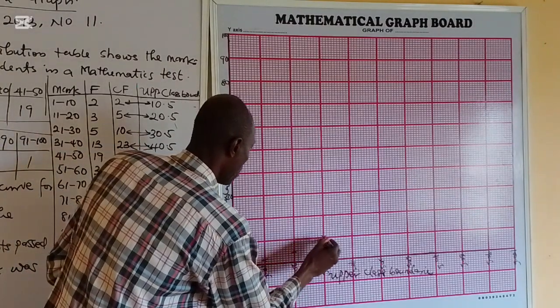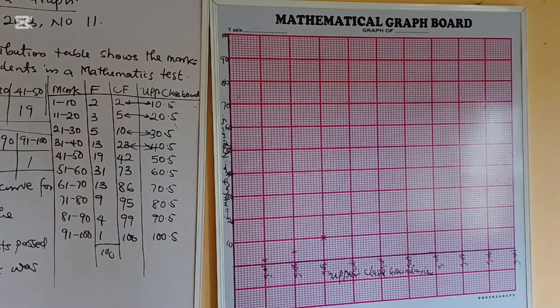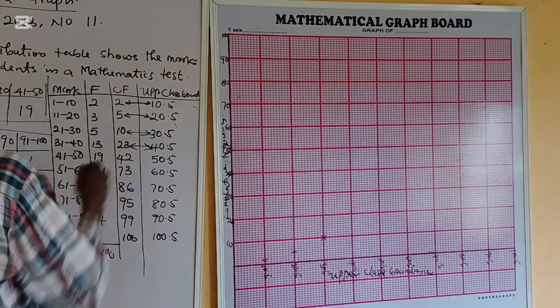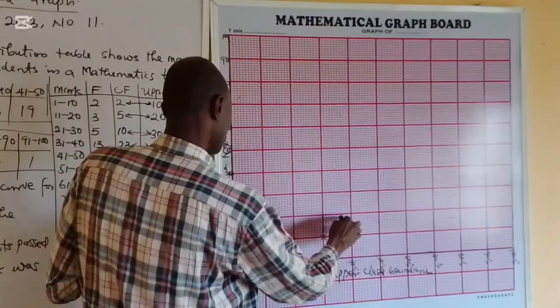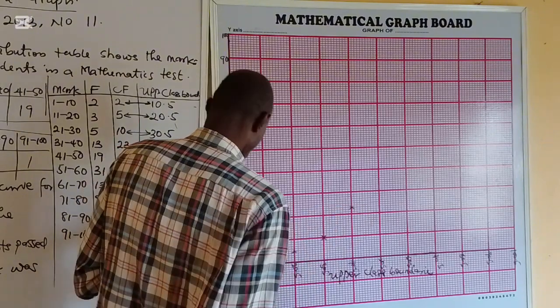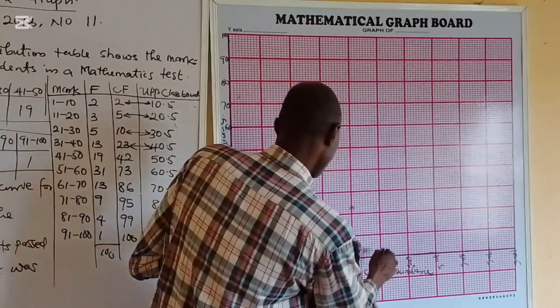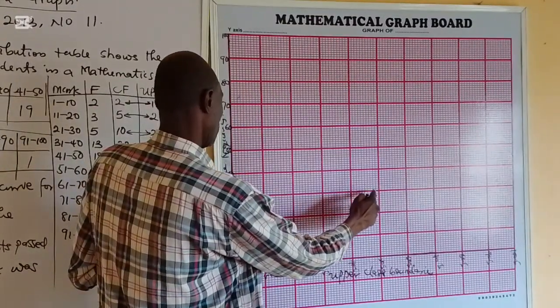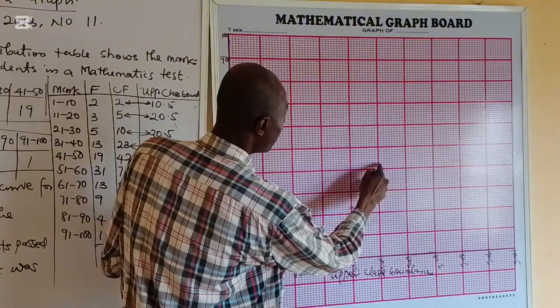Look at 10 here. When it is 40.5, it is 23. Look at 20 here, 21, 22, 23. When it is now 50.5, it's 42. Look at 40 here, 41, 42.